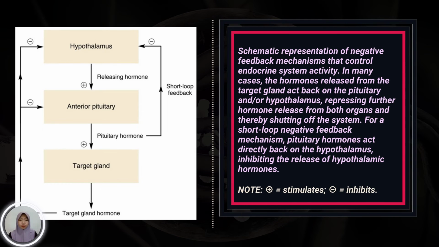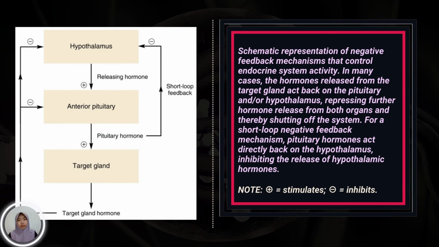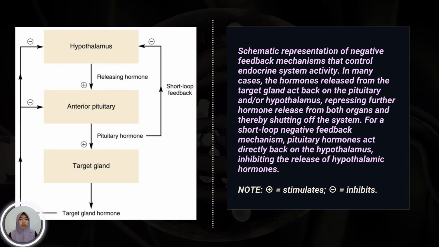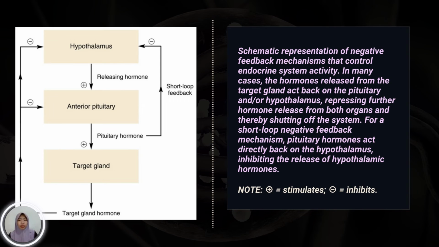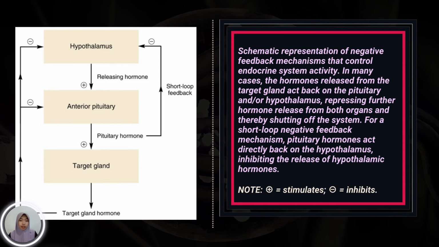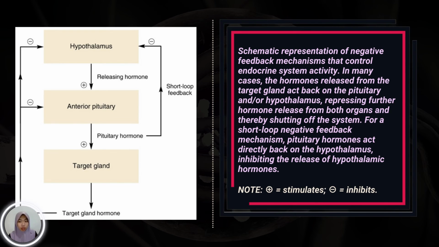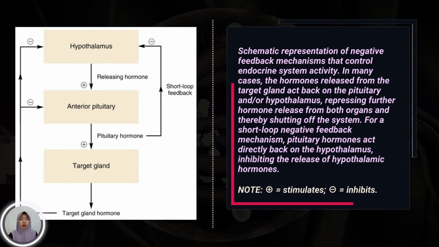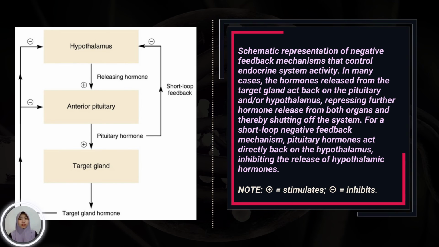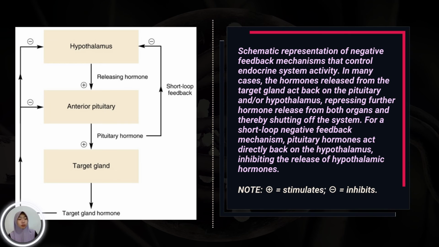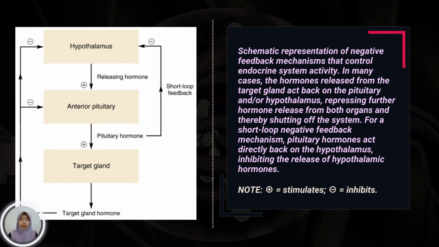So for example, for many hormone systems, the hypothalamus secretes so-called releasing hormones, which are transported via the blood to the pituitary gland. There, the releasing hormones induce the production and secretion of pituitary hormones, which in turn are transported by the blood to their target glands, for example the adrenal glands, the gonads, or the thyroid.